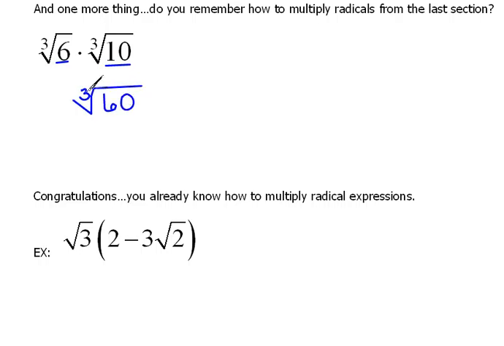And then our last step is always to try to simplify if possible. So we would have to think, is there any two things we could think up, one is a perfect cube, that would go into 60, and in this case, no. So we could not simplify that any further, even though that's always our last step. We can't simplify any further, so this would be our answer.